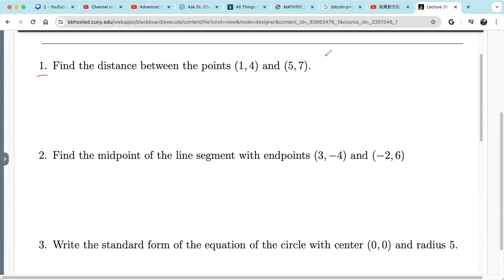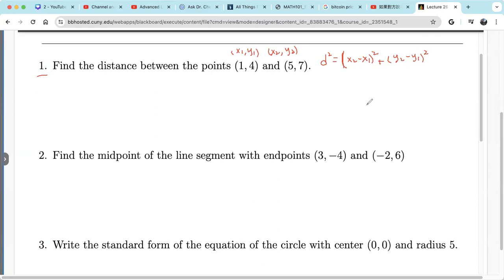We have this formula: distance squared equals, given 2 points, x1, y1, x2, y2, the difference between the x values, x2 minus x1, or x1 minus x2, doesn't matter because we're going to square it, plus y2 minus y1, or y1 minus y2, squared.